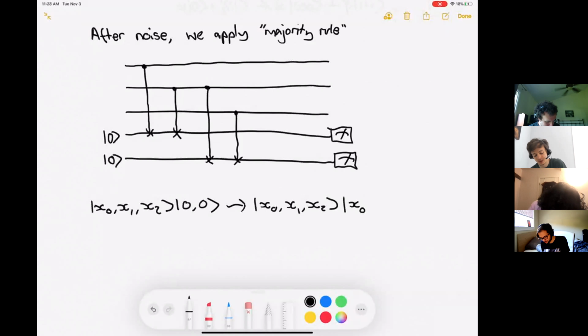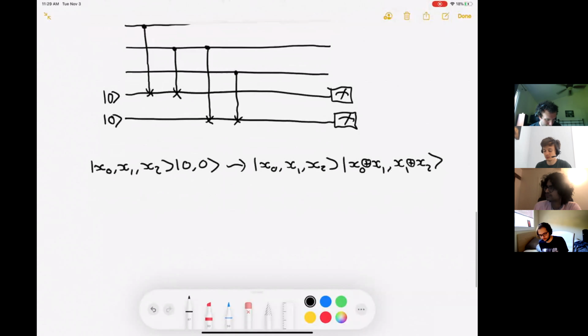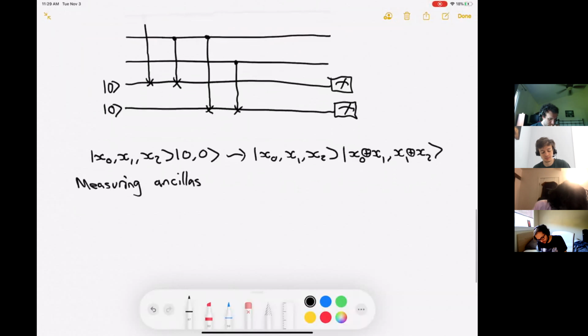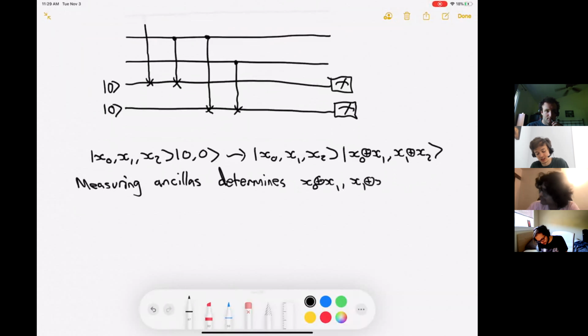So the first ancilla qubit is going to be x0 plus x1 mod 2, and the second is going to be x1 plus x2 mod 2. So measuring the ancillas lets us determine x0 plus x1 and x1 plus x2.